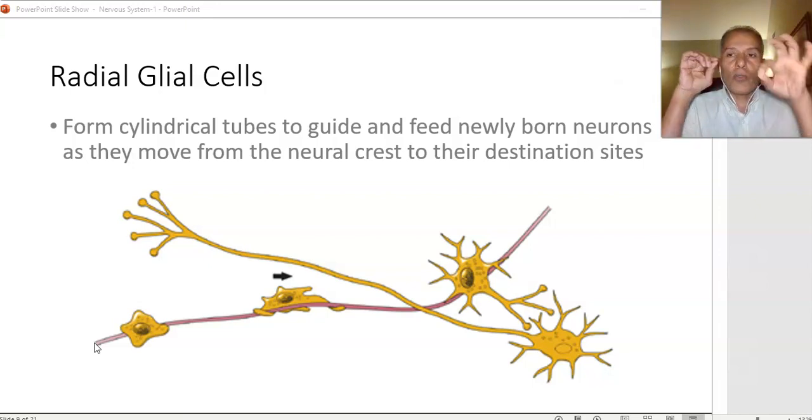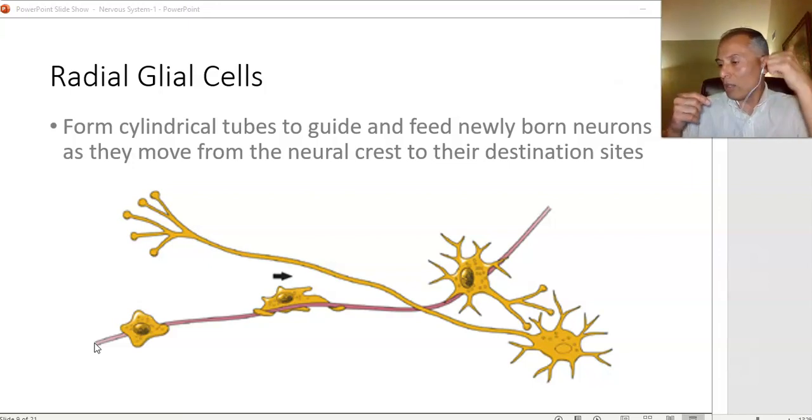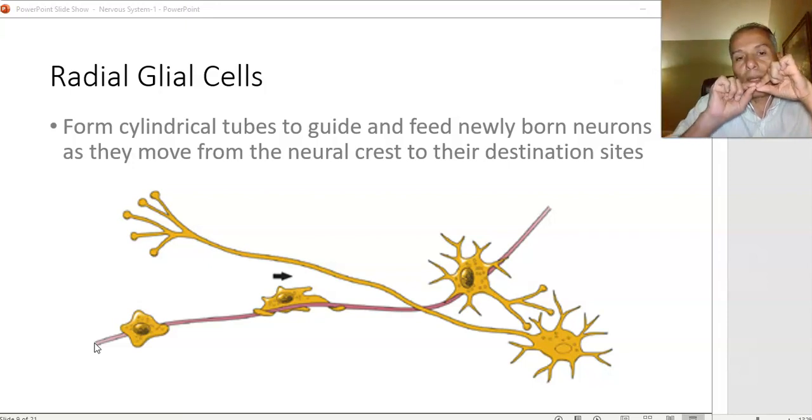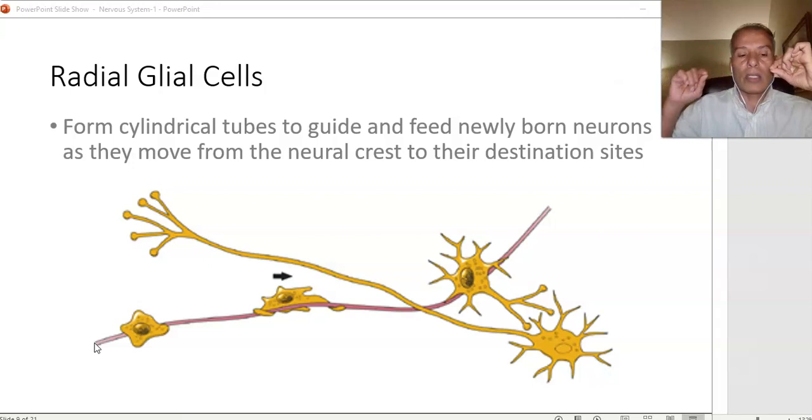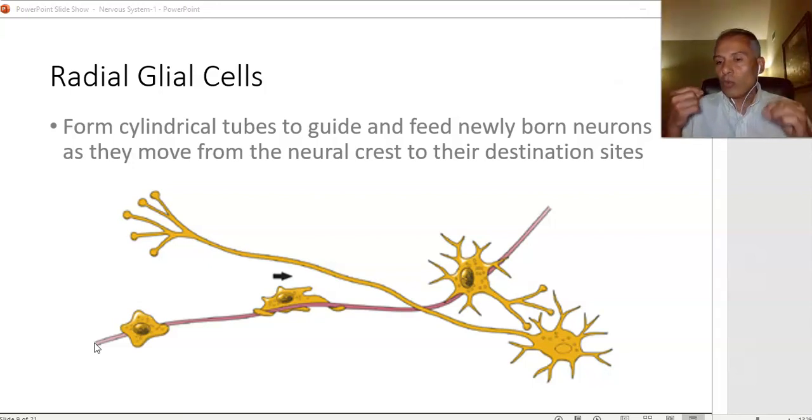They extend from the site where neurons are born, deep in the brain, to the area where these neurons will stay to function. So this way, the new neuron is going to find its way. For example, maybe this neuron is going to be part of your eye, your visual mechanism.